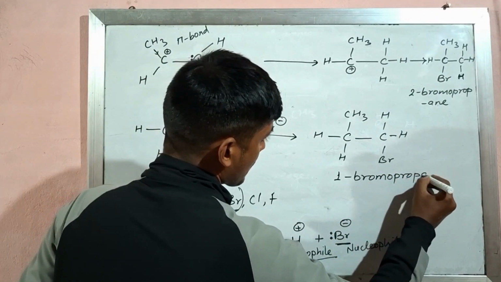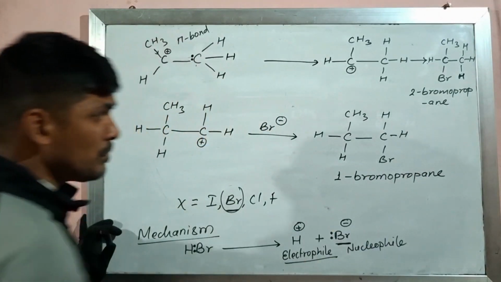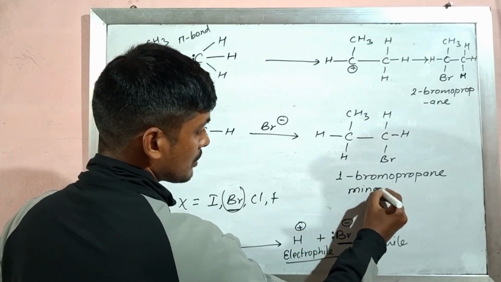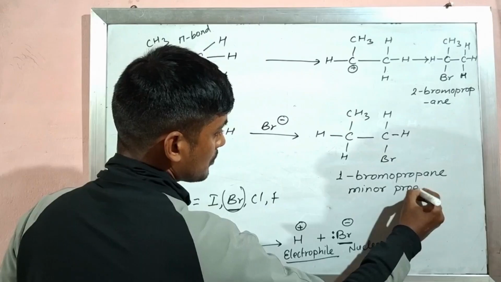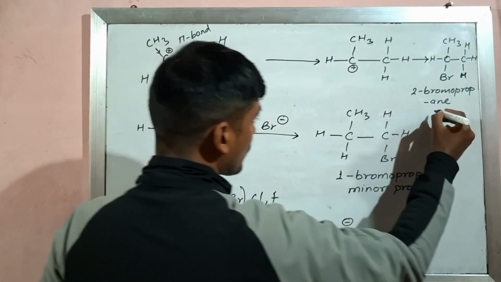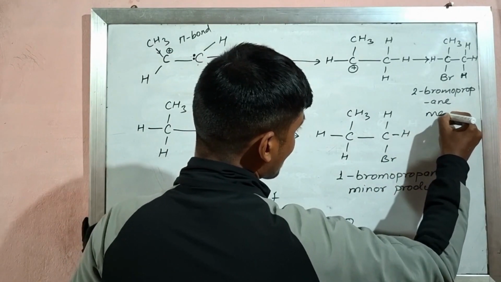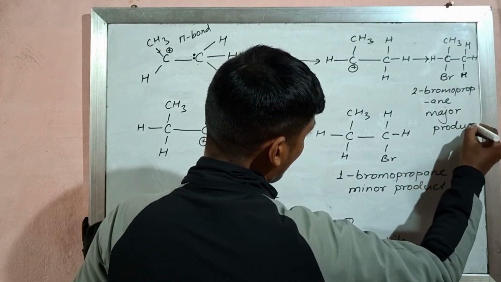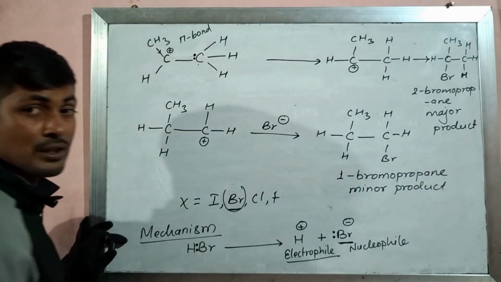So this is the minor product, but 2-bromopropane is the major product in the case of Markovnikov's rule.